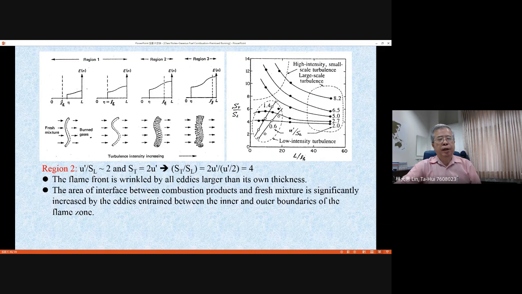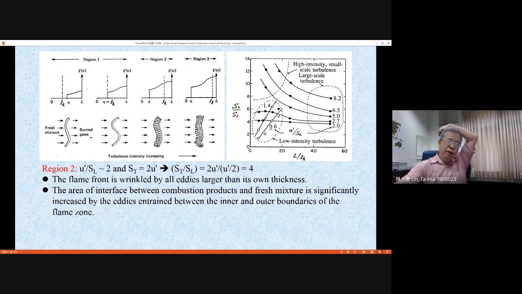Originally, you have a linear relationship between the flame speed ratio and the scale ratio, right? This is a linear relationship. Then when you go to the non-dimensional velocity fluctuation of 2, this line becomes a horizontal line, representing a constant flame speed ratio.